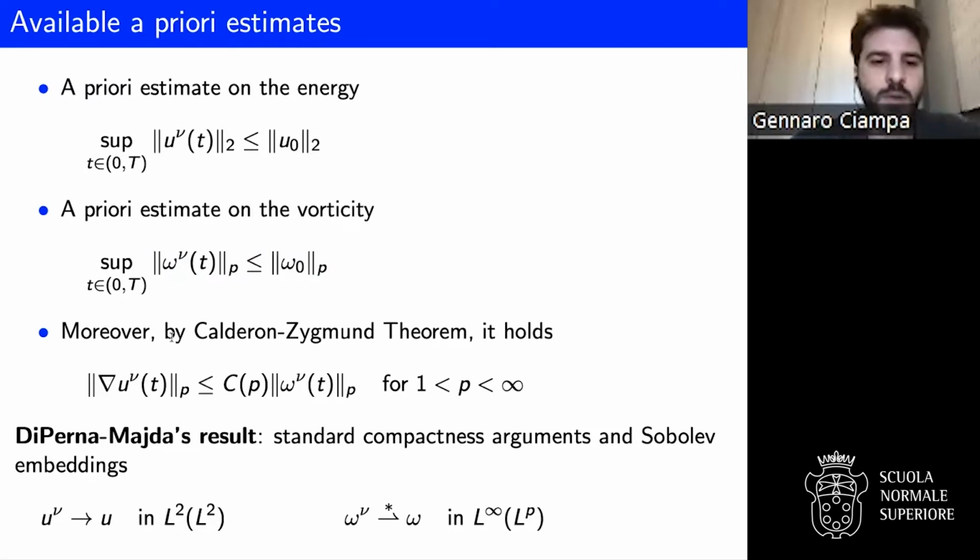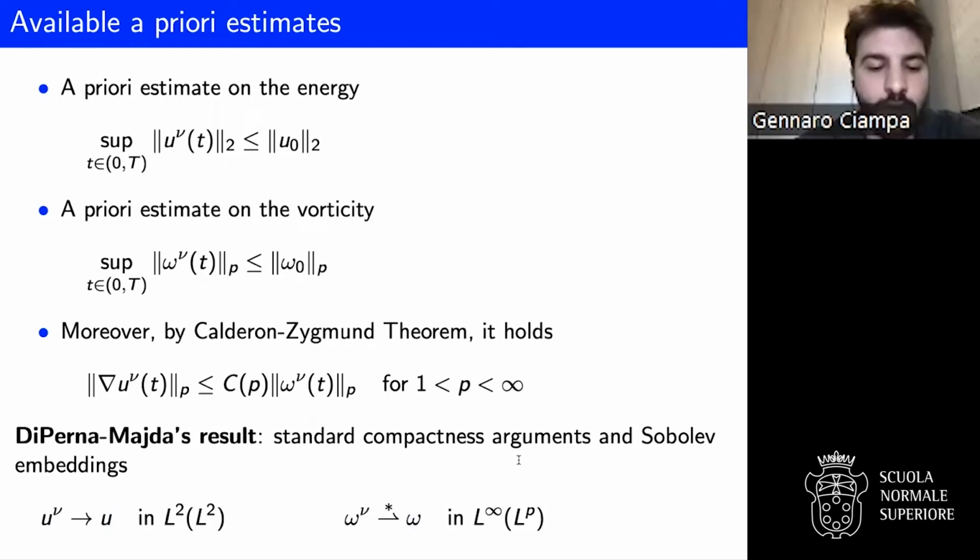So you can bound the gradient of the velocity in L^p with the L^p norm of the vorticity. Basically, what DiPerna-Majda proved is that with a standard compactness argument, up to a subsequence, the velocity field converges to a vector field U strongly in L2, while for the vorticity you have a weak convergence toward a limit function omega.